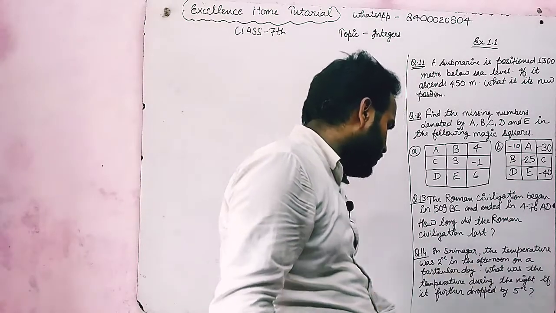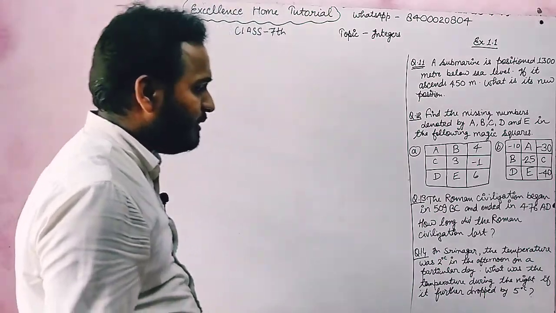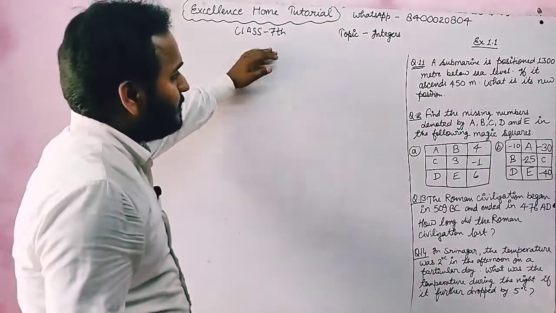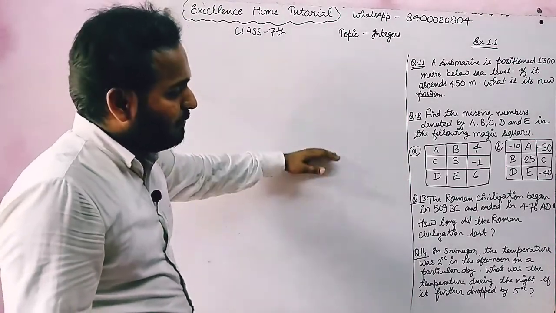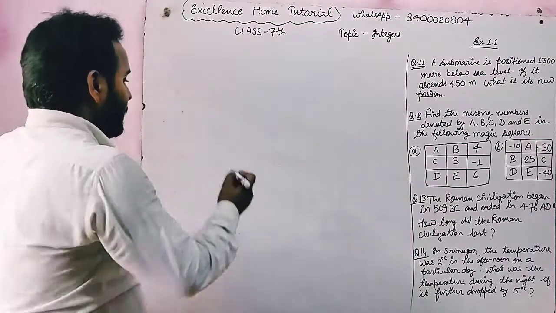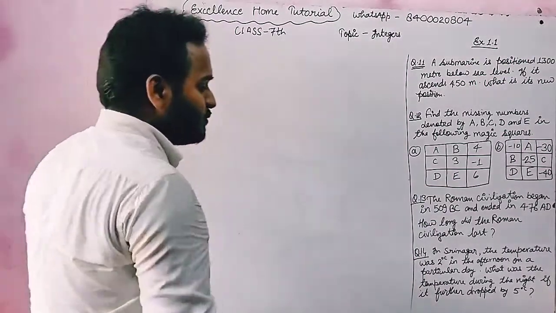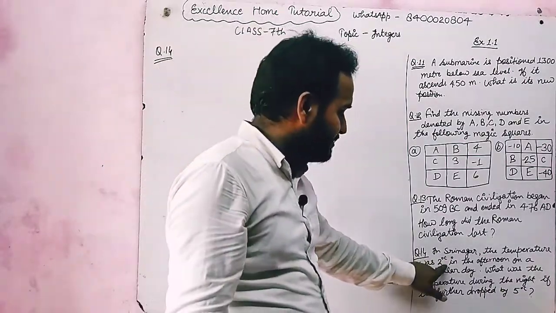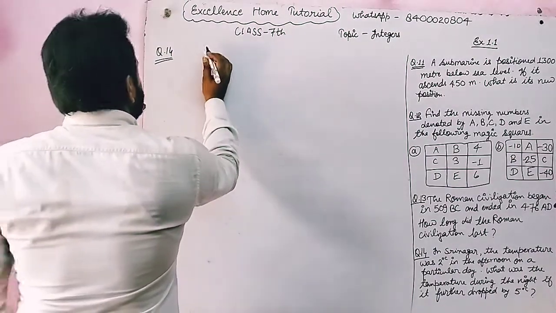That means in the afternoon the temperature is plus 2 degrees Celsius, and at night it dropped 5 degrees Celsius. This is a very simple question. If temperature is dropped, the drop is represented by minus sign, and 2 degrees Celsius is represented with a positive sign.